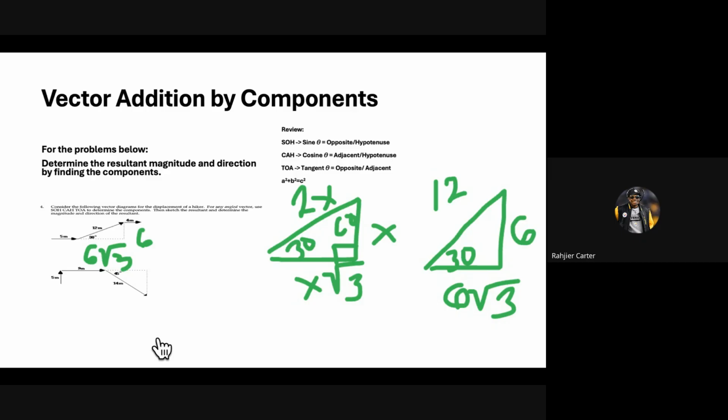When we make our new triangle, it goes from here to here, right? We can now add all the pieces together, right? So now on the bottom, what do we have? We have 5. Hold on. So root 3 times 6.